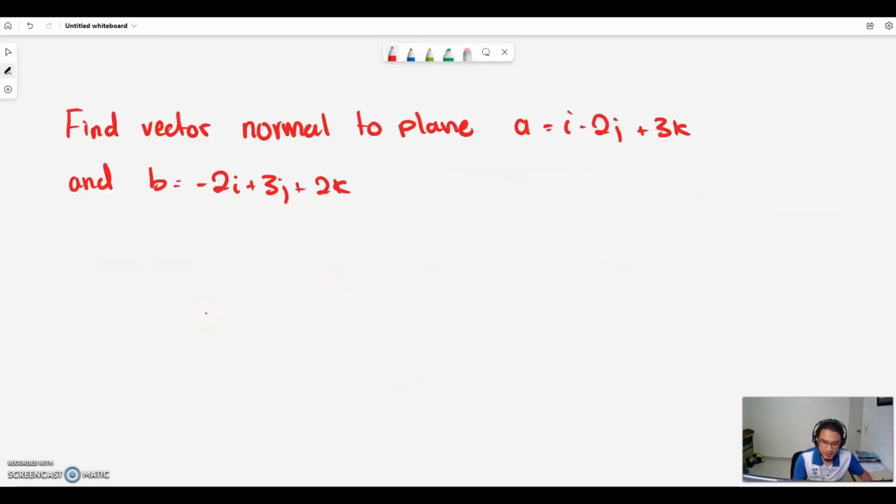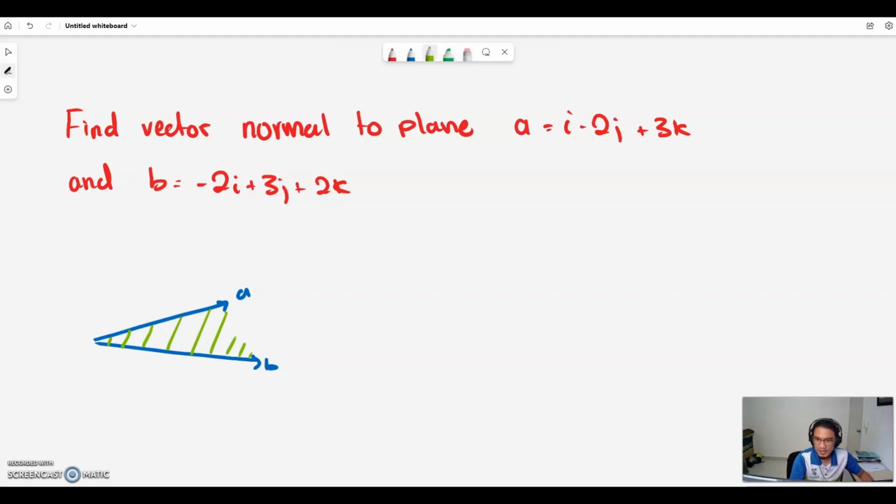Let's look at this example. We want to find the vector that is normal to the plane of A equal to i minus 2j plus 3k and B equal to negative 2i plus 3j plus 2k. So we have a plane of vectors A and B. Let's create an example: this is vector A and this is vector B. These two vectors create a plane in between them like a piece of paper.